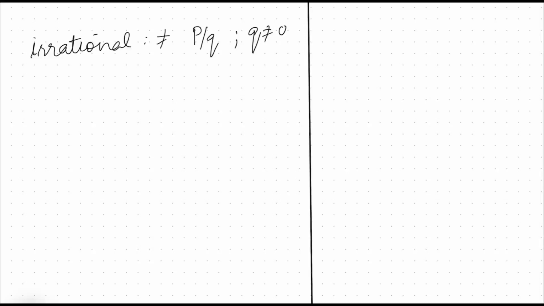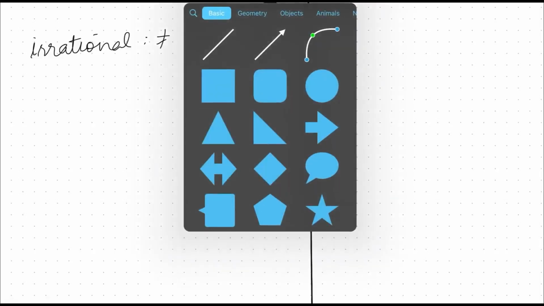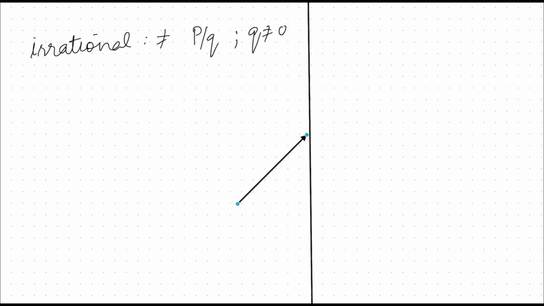Here's something interesting. If you had a number line and I identify a 0 on it and a 1 on it, in addition to this, I draw a perpendicular of size 1 and connect these two dots.